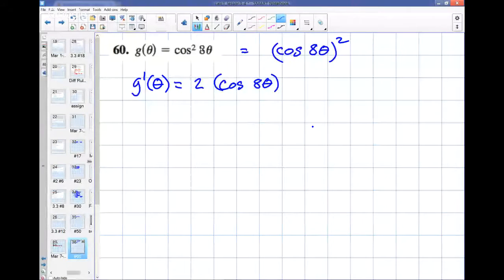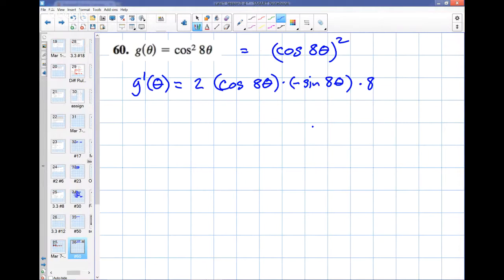That would be minus the sine. So we multiply by minus the sine of 8 theta. And are we done? Actually, no, there's even another inner function, and that is 8 theta. And the derivative of 8 theta is 8. So here we have 2 functions nested.